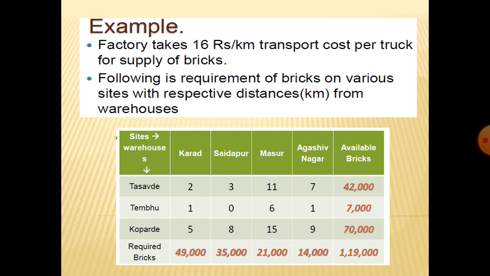This is the problem, where sites and warehouses, the availability value is given, a requirement value is also given, and the matrix is a 3 by 4 matrix.